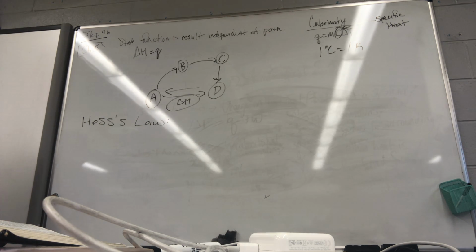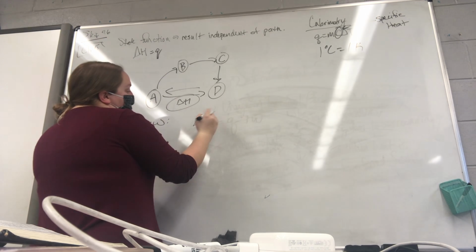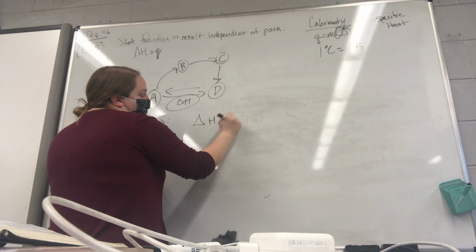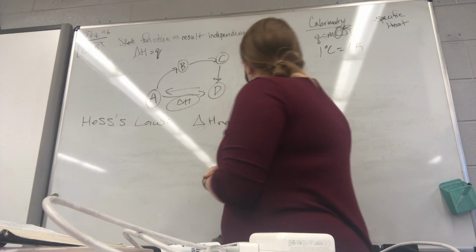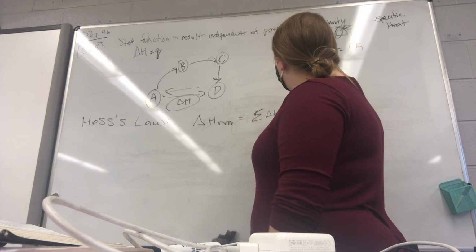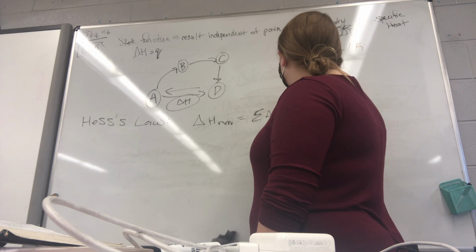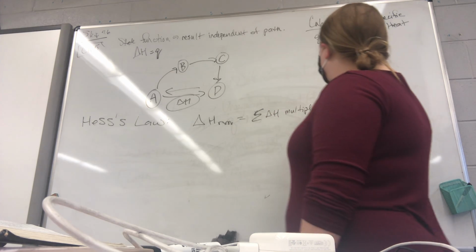Hess's law states that the sum of several steps of a reaction could be added together to get the final step of that reaction, or the final delta H. Sum of delta H of multiple steps.